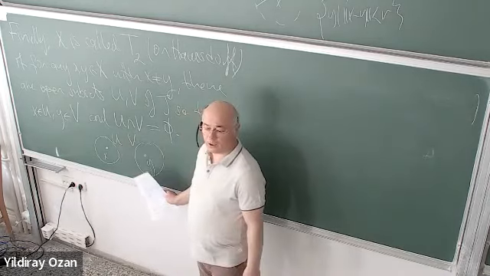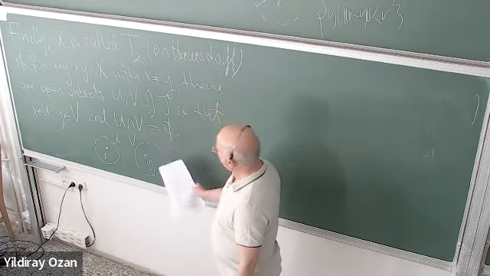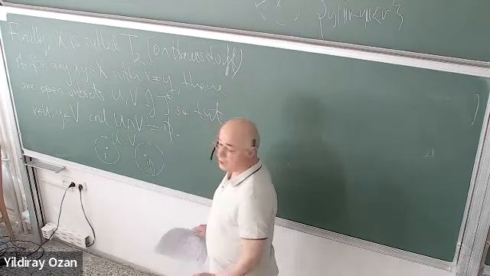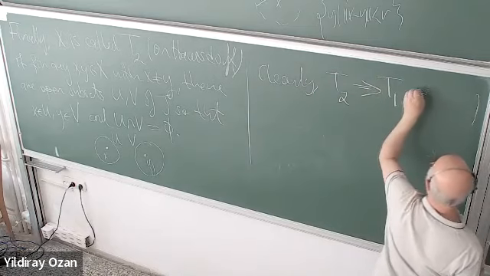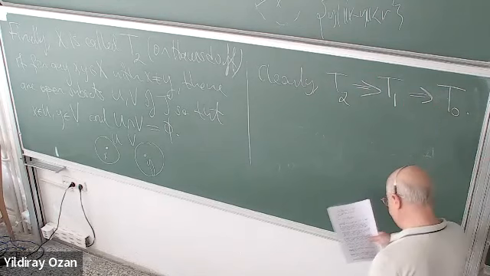There is no assumption saying that they have to be disjoint sets. But here we require that these open sets are disjoint. So clearly we have these implications. Any T2 space is T1 and any T1 space is T0.